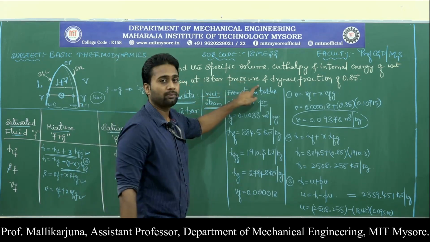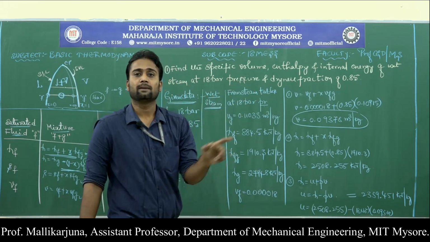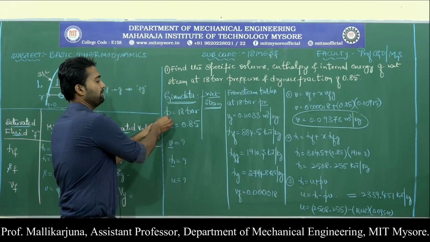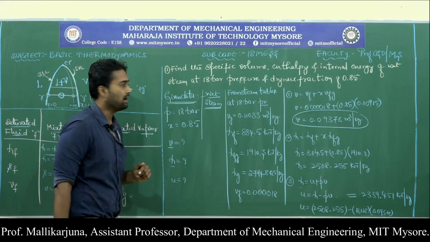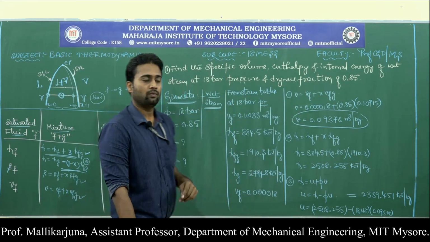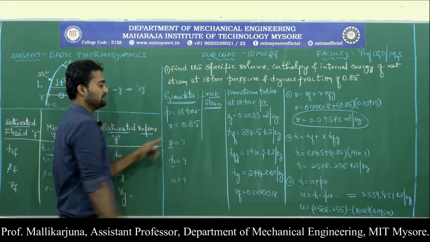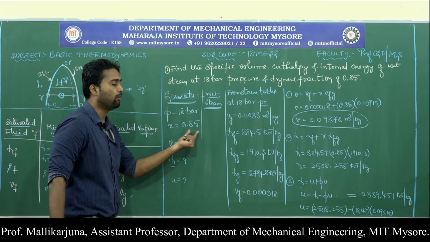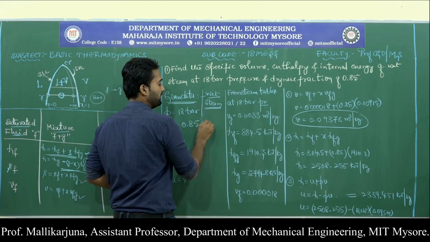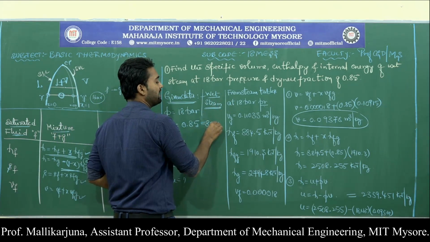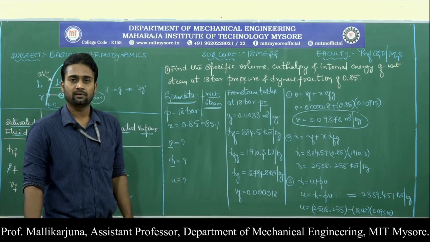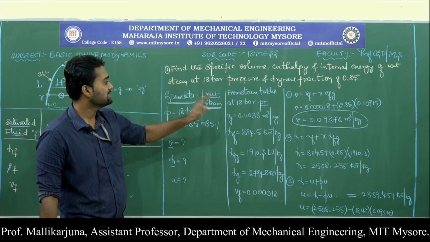At 18 bar pressure, he is giving us the pressure of the substance. Pressure, small p, is equal to 18 bar, and it has a dryness fraction of 0.85. What is the notation for dryness fraction? It is nothing but X, which is equal to 0.85. What do you mean by 0.85 here? 0.85 means 85% of the wet steam is dry. That means he is calling it a wet steam.